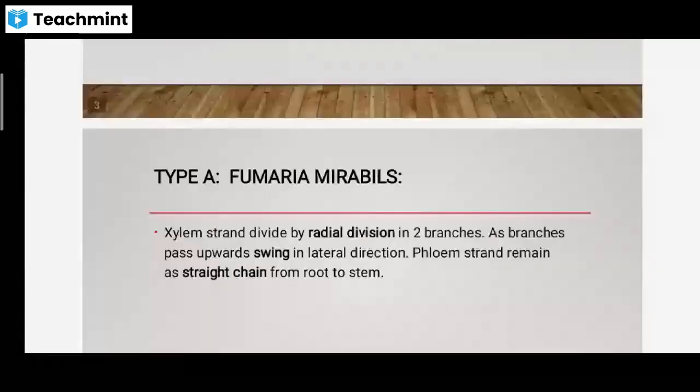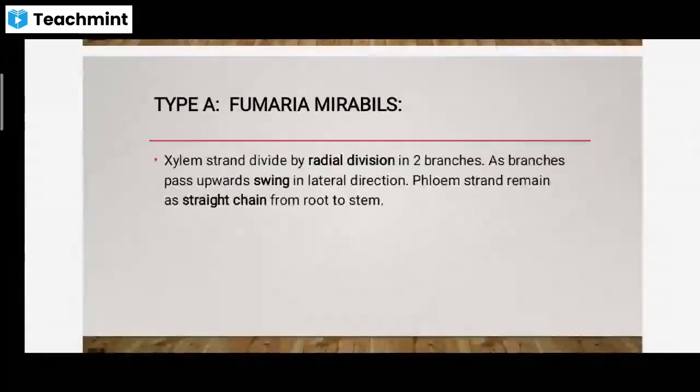In higher plants, root and shoot form a continuous structure. Root and stem form a continuous structure in the plant called the axis. Type A: Fumaria.